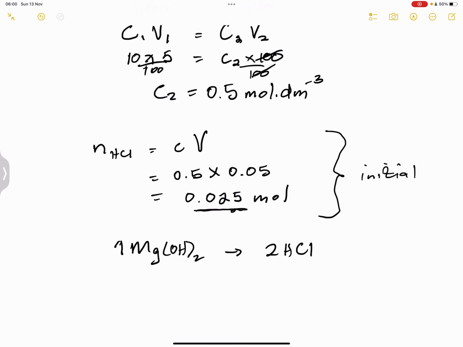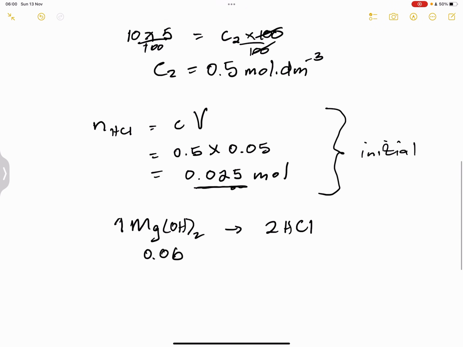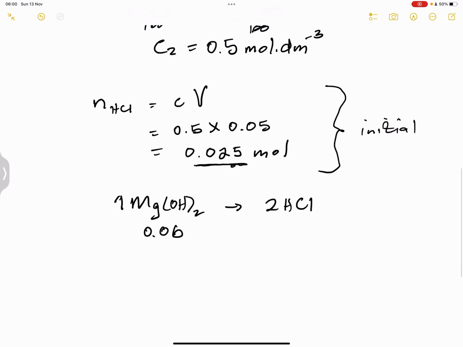So the question is, when I've got 0.06 of magnesium hydroxide, let's make sure that we get that right, the question is, how many moles of HCl will react? Okay, so let's cross multiply.